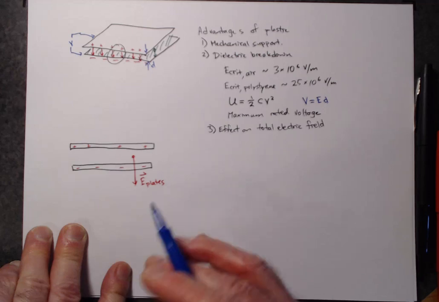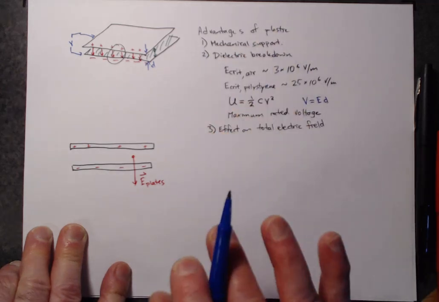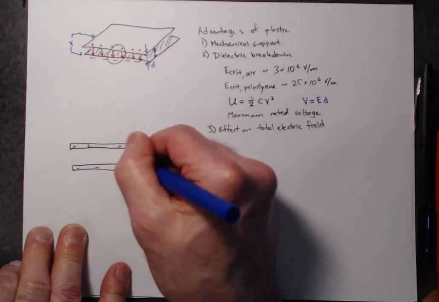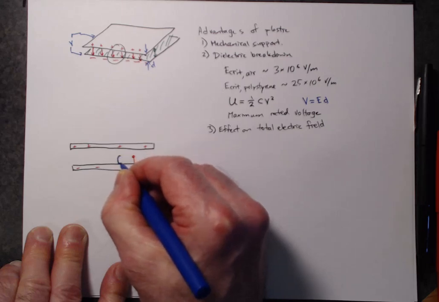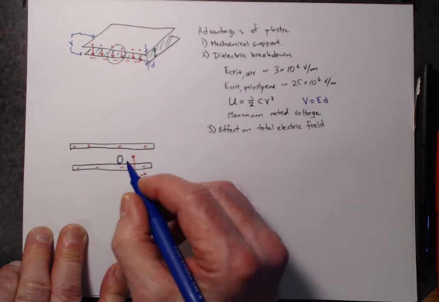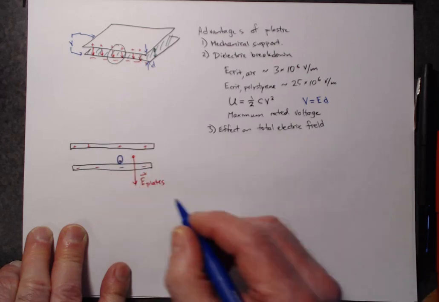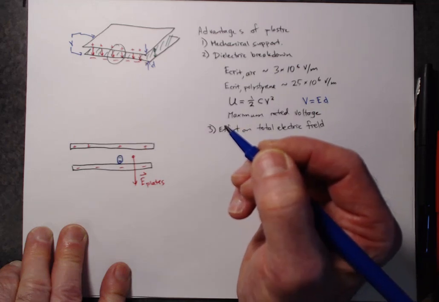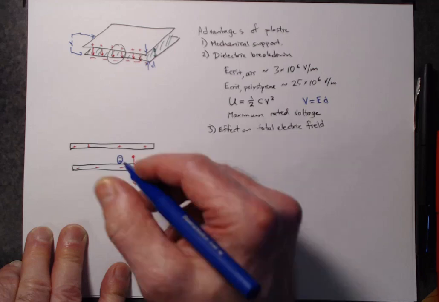Now, we talked about the limit of tearing electrons loose. We're not going to get into that limit, but still we're going to be polarizing them. I'm not really going to draw things to scale, but the nucleus of a particular atom will be pushed downward by this electric field, and the electron will be pulled upward because the force on the electron is opposite to the electric field.